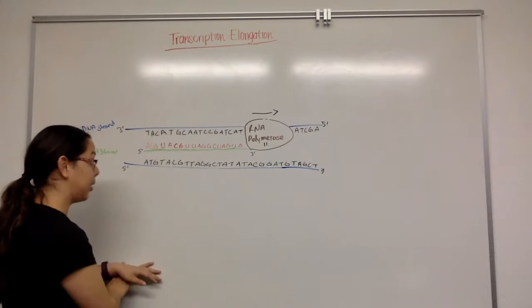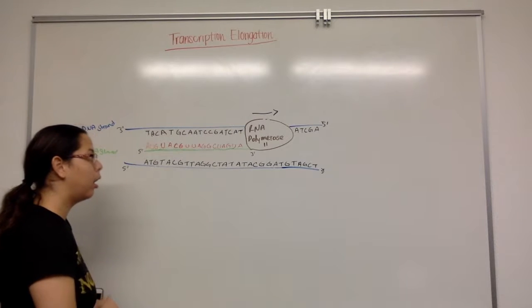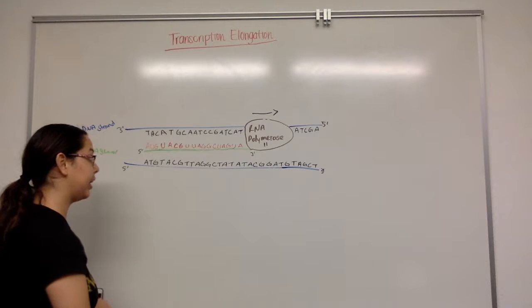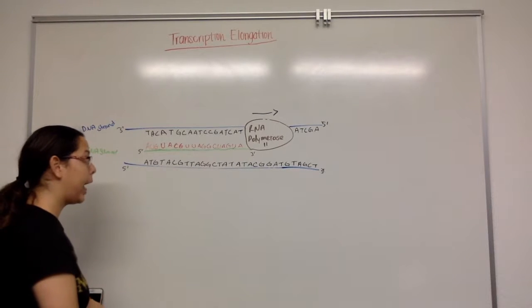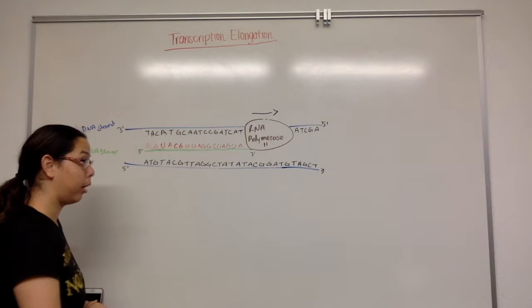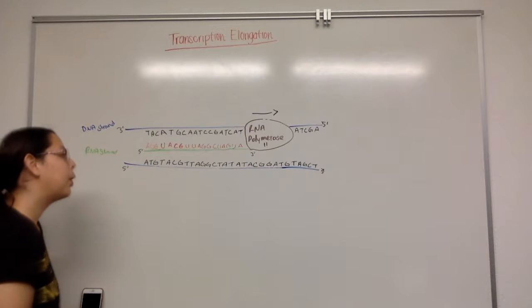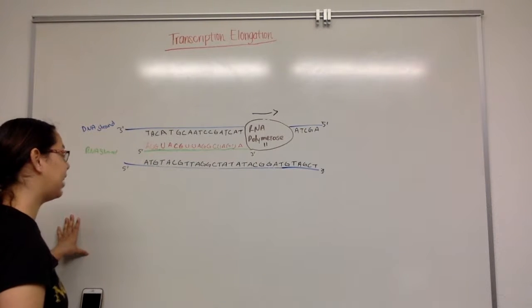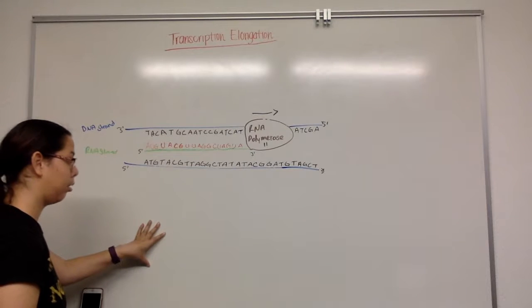The only exception when it comes to the complementary nucleotides is that instead of thymine, adenine is paired with uracil for mRNA. The RNA polymerase begins synthesizing a complementary RNA strand to the desired gene.